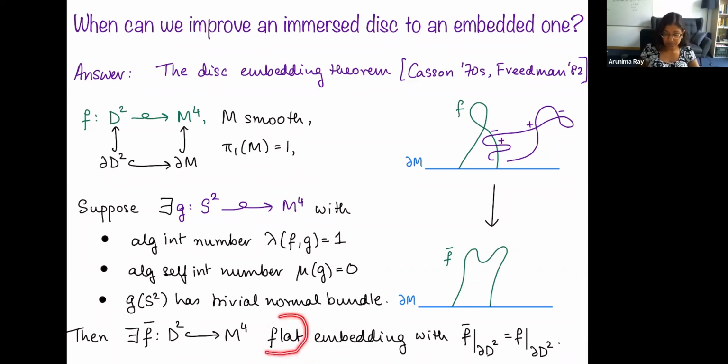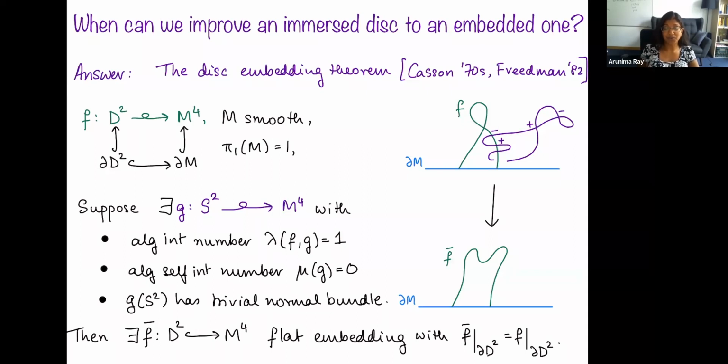So this disk that I find is not a smooth embedding. This is just going to be a flat embedding. And that's the reason why we have so much exotic phenomena in dimension 4 that we can see using this theorem. Okay. All right, so in a later part, I'll give an outline of a proof of this theorem.